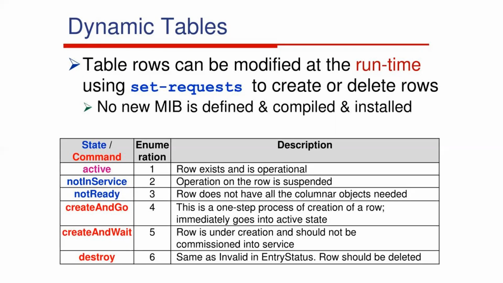The manager sends a message to the agent to create a row and make the status active immediately, or not to make it active immediately, as seen in that diagram. Active, not in service, not ready, sorry, and create and go, create and wait, and destroy. These are all the commands that are going to be used in the dynamic table for existing ones.